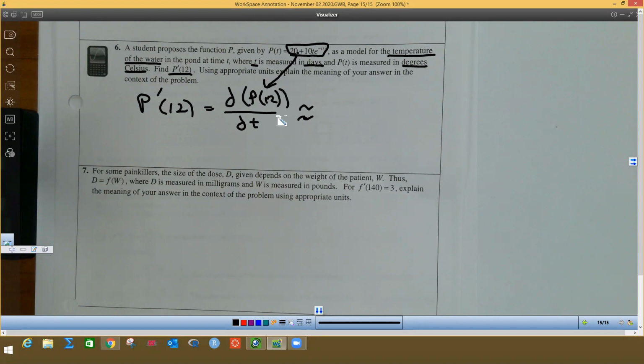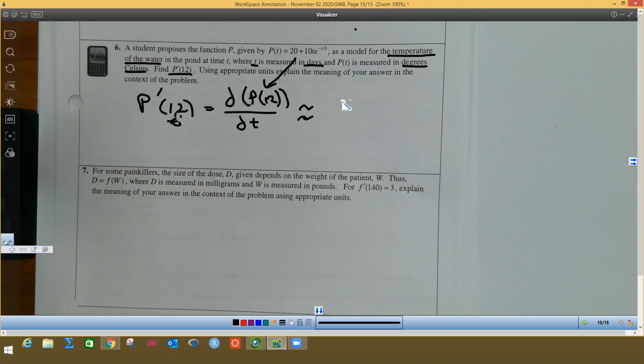Then you're going to type in 20 plus 10x e to the negative x over 3. So again, it is 20 plus 10x e to the negative x divided by 3. Then arrow to the right, and we want that when x is 12. Now this is really t in our problem, but that's what we're going to type in, and we're going to hit enter.